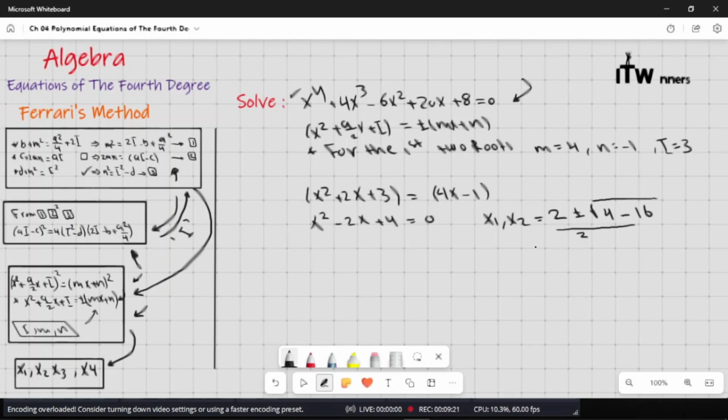So we have here x1, x2 will be equal to 1 plus or minus square root of 3i.